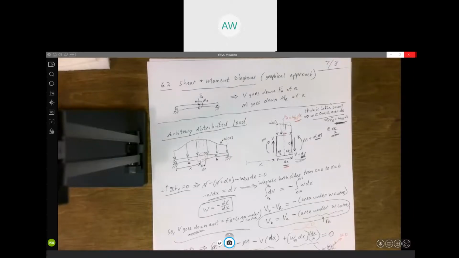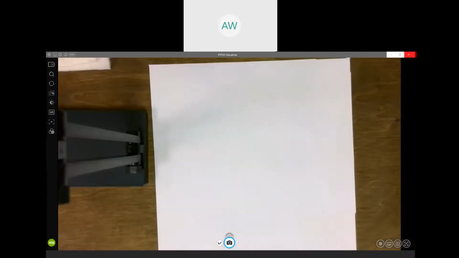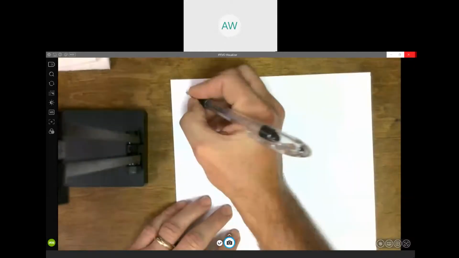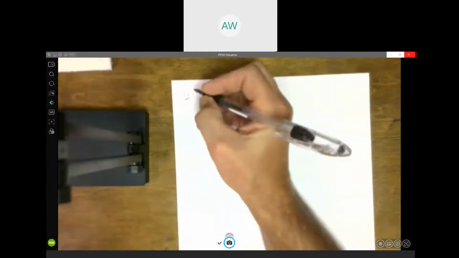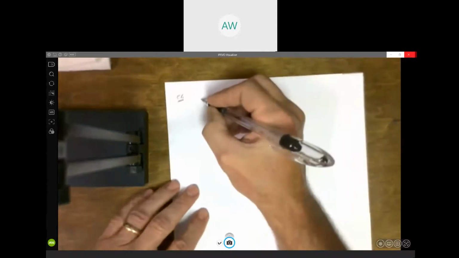And let's see if we can do this one. Got a beam.